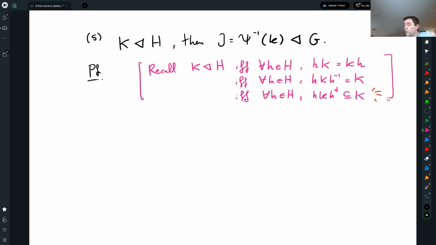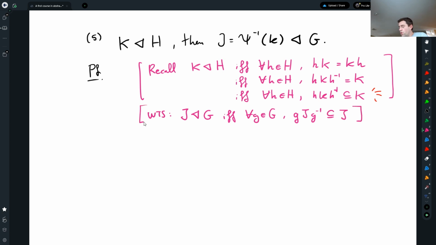So I want to show, in fact, that J is normal in G. So what I want to show is that for all g in G, we have that gJg inverse is contained in J. Okay, so that is what we're going to try to show.